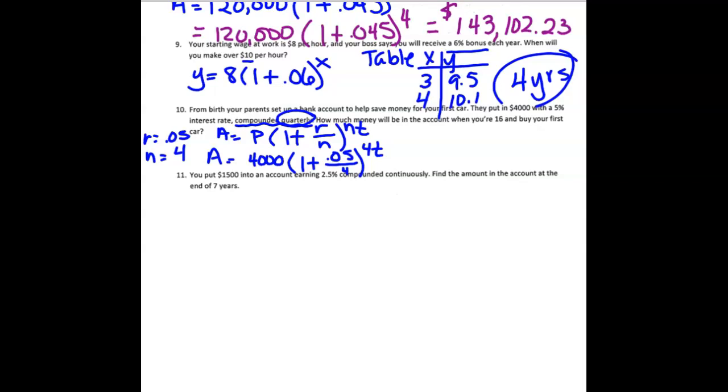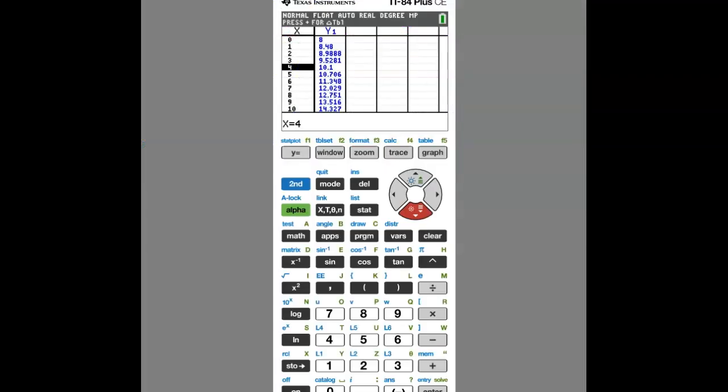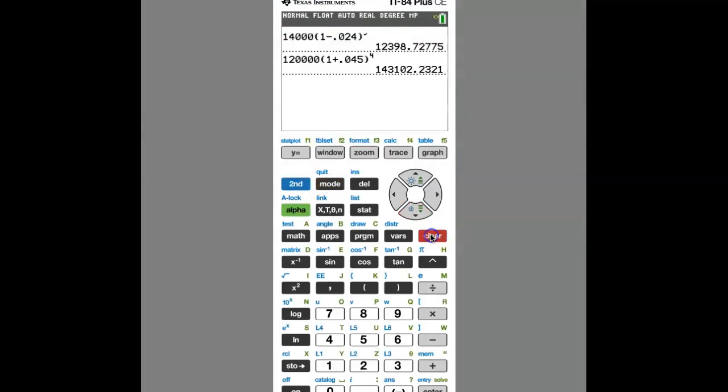Now it says, how much would be in the account when we're 16? It told us they started this when we were first born, so our time here is going to be 16. So we need to take 4,000 times 1 plus 0.05 divided by 4 to the power 4 times 16. All right, again, let's grab our calculators. We want 4,000 times 1 plus 0.05 divided by 4.